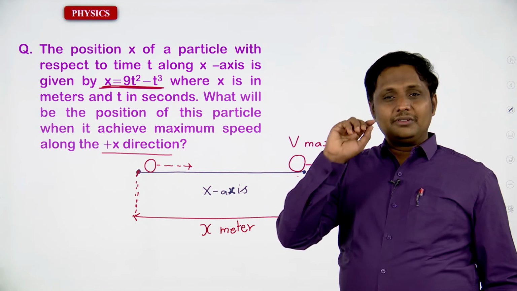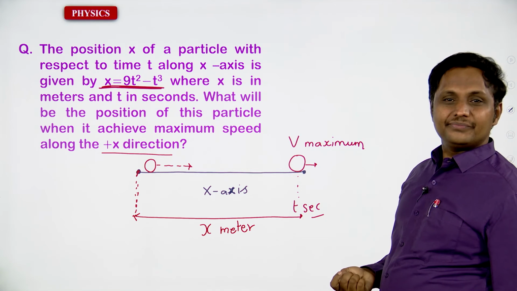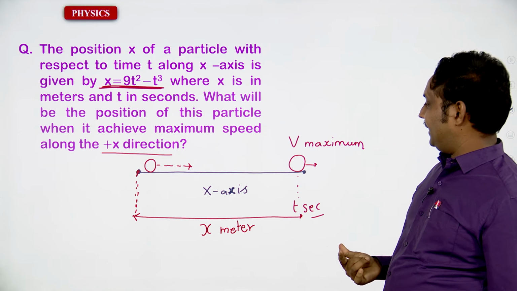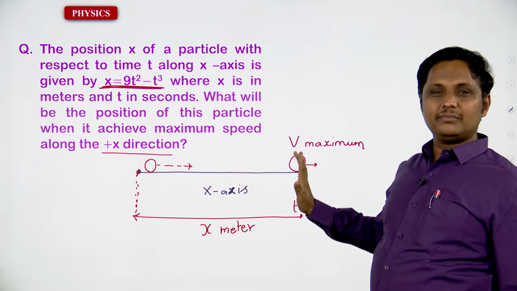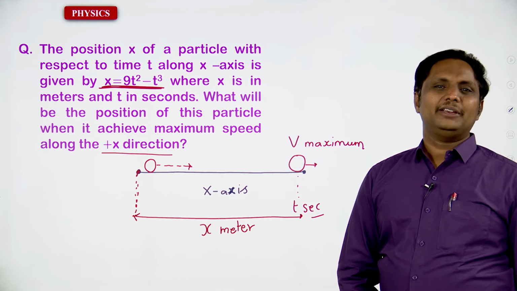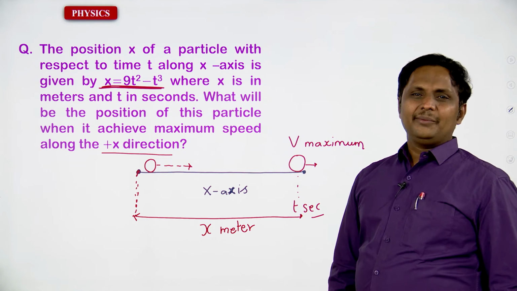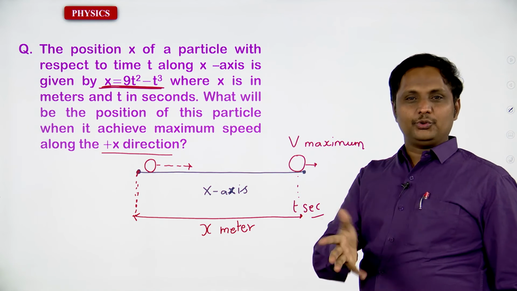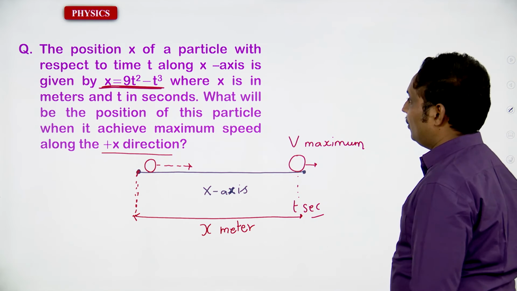It was confirmed V is maximum. When V is maximum, what we have discussed about that maximum condition: if you have taken one parameter which is going to be maximum, but there is no change with respect to time, then you have to say it is maximum.